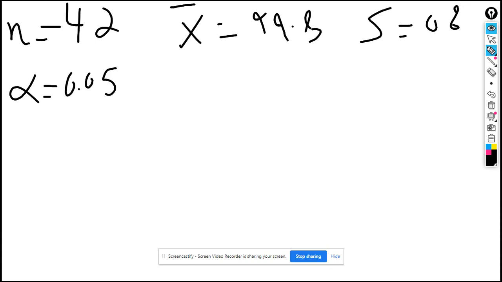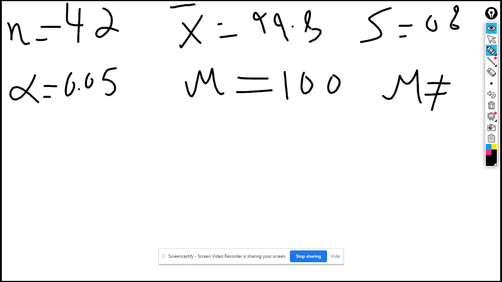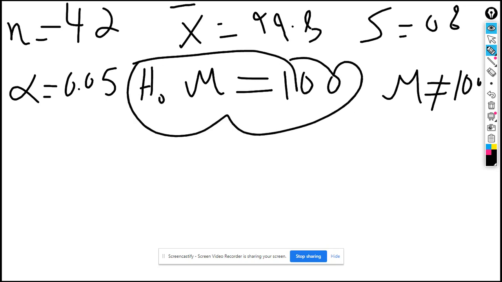And the mu, he said, there are 100 pepperoni on every large pizza. So mu equals 100 or mu doesn't equal 100. So I have equal and not equal. If it's equal, that's the null hypothesis, and if it's not equal, that's the alternative one.